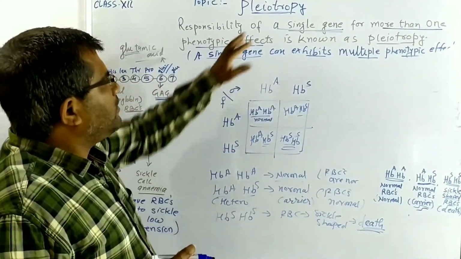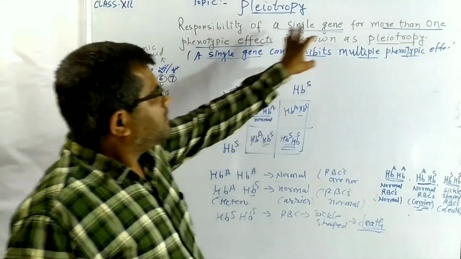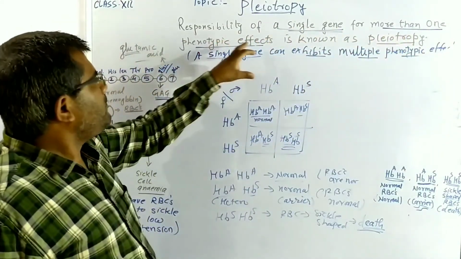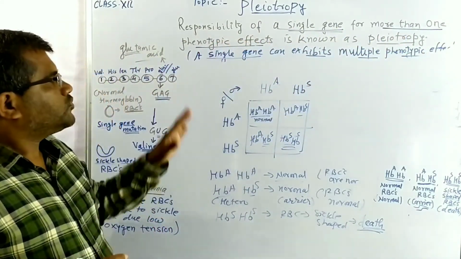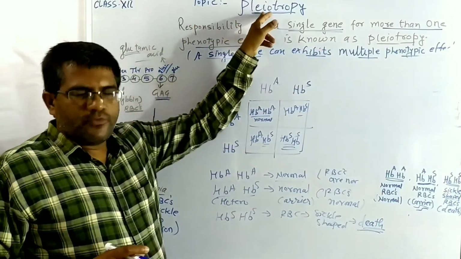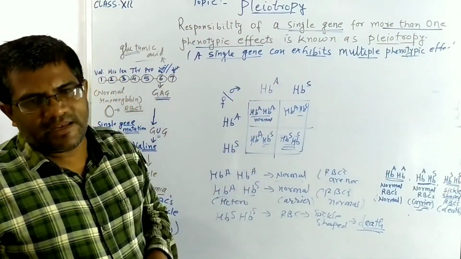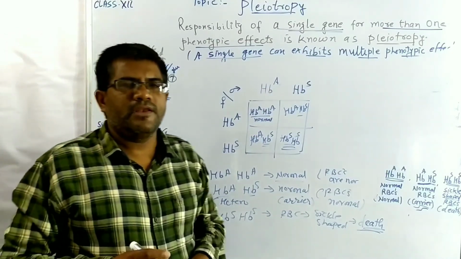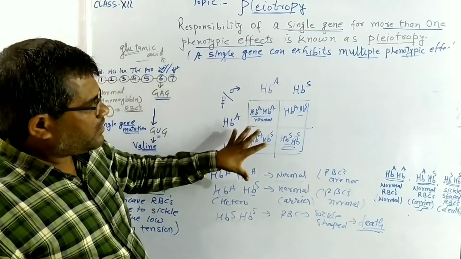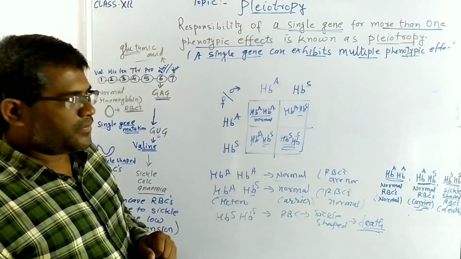That is called pleiotropy: it is a single gene, but it has many phenotypic effects. So in examination, the question is asked: what is pleiotropy? Explain with the help of sickle cell anemia. The question is asked many times, so this is a very important part for pleiotropy. Okay, thank you.